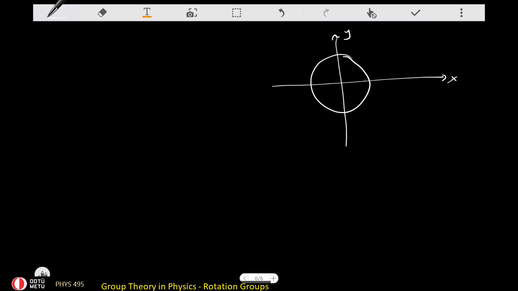This is the number 1 in here, and that's the number minus 1. In general, a number with angle theta is e to the i theta, and you can see that the number minus 1 corresponds to the angle 180 degrees. So therefore, minus 1 is equal to e to the i pi. That's also called Euler's relationship, because this is a very nice relationship.